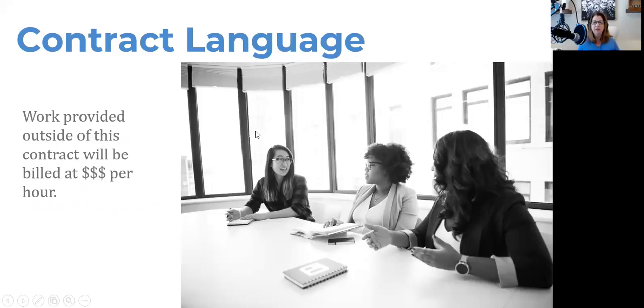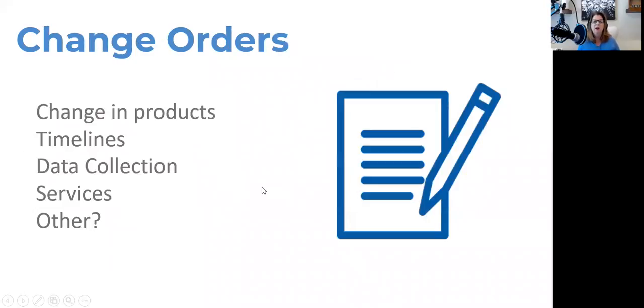And you want to specify the amount that you're going to charge. So how much are you going to bill for work that is over and above what was asked for that was not in the contract? And you want to talk about change orders. Now, I always tell people that I never went to business school. What I've learned has just been, as my business coach says, wow, you have really good business intuition, right?